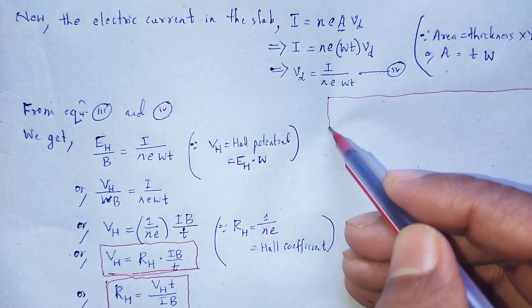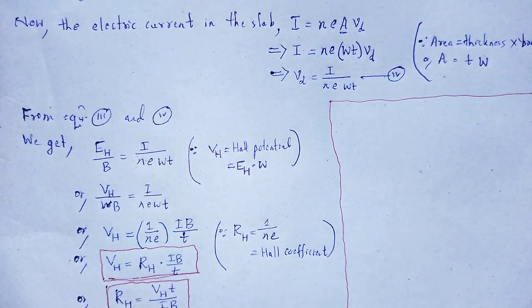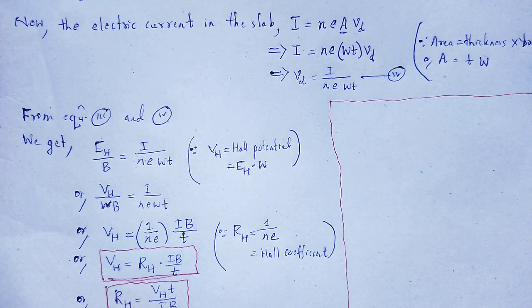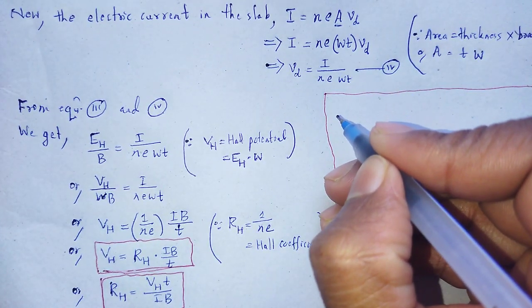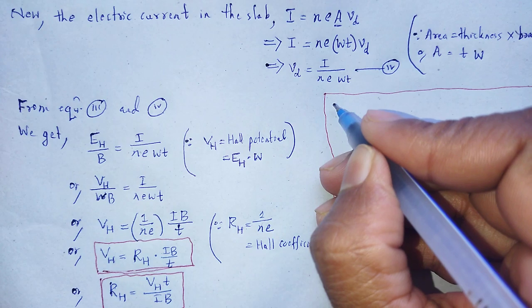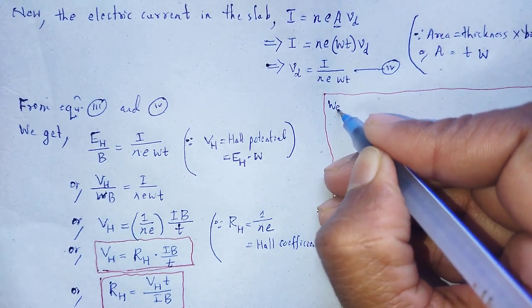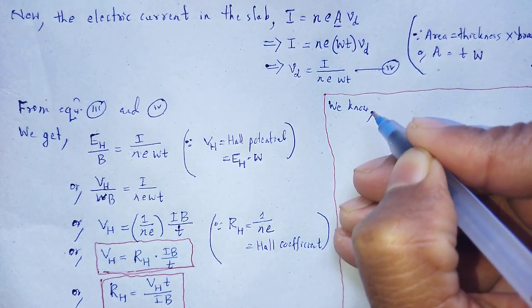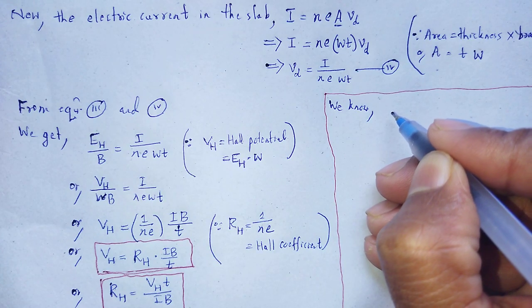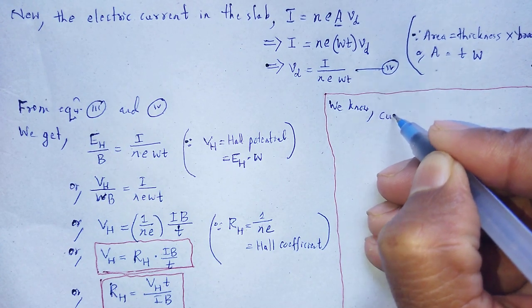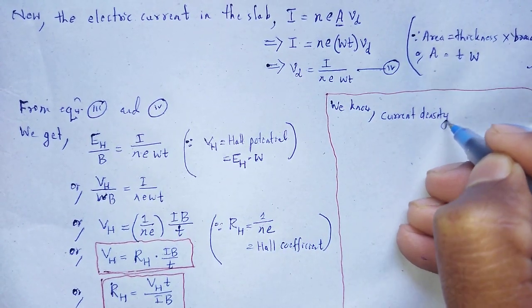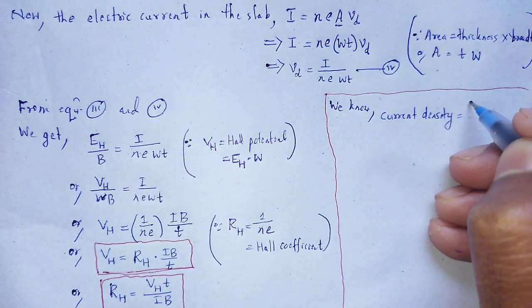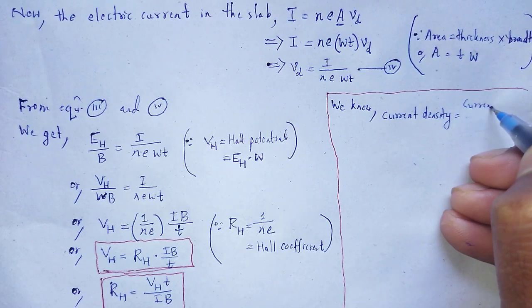Now we can calculate the electrical conductivity. We know current density is equal to current per area.